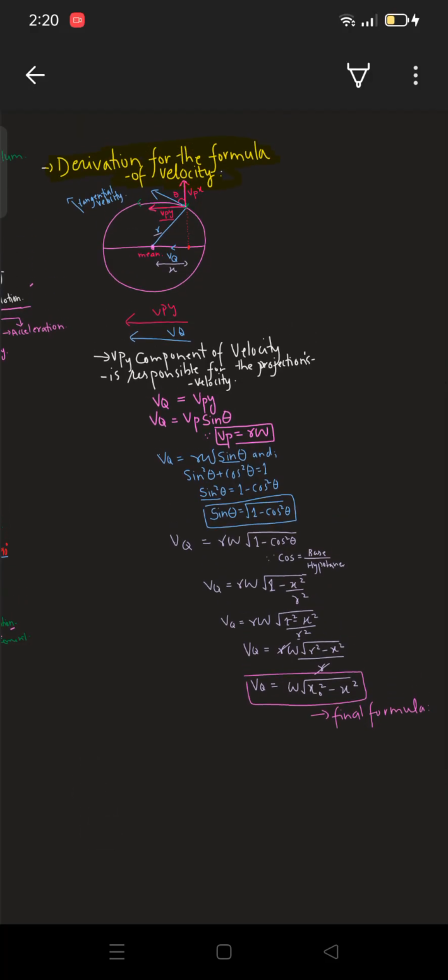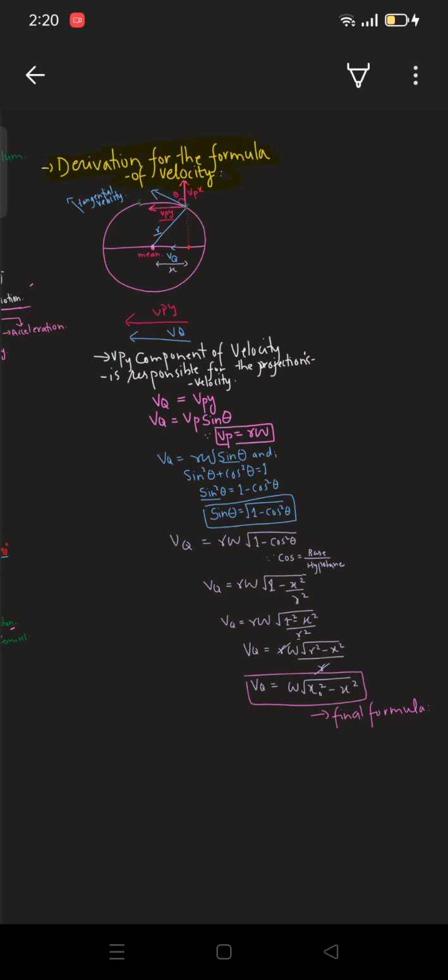Okay, so in the last video we derived the formula for finding the velocity of the projection of a particle which is moving along a uniform circular path. We took the y component of the tangential velocity and made it equal to the particle's shadow's velocity.